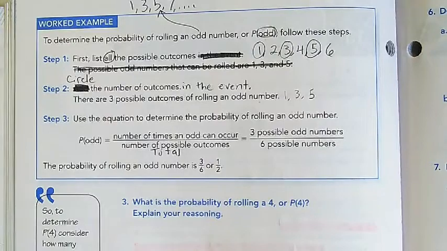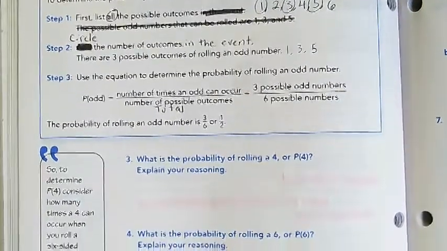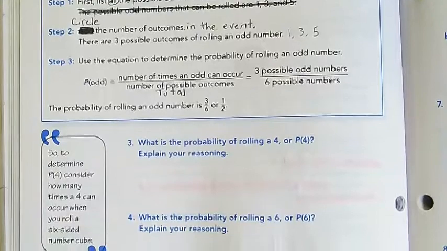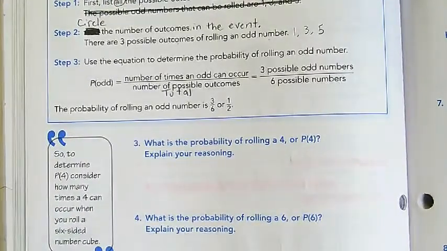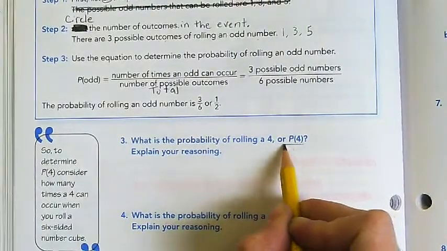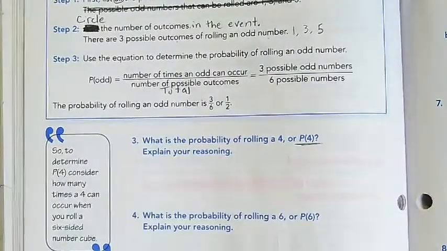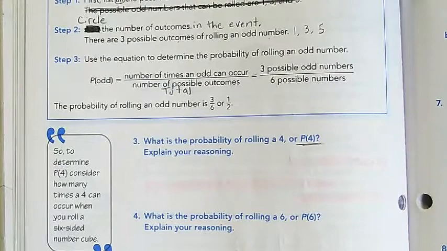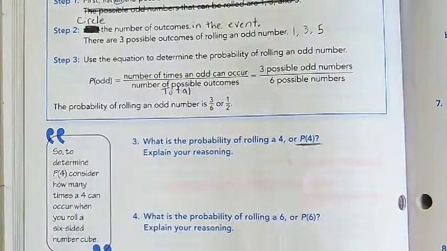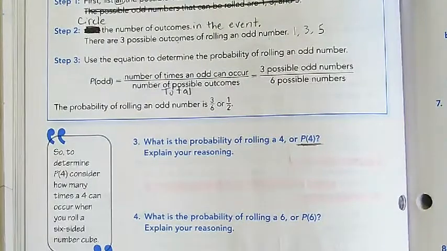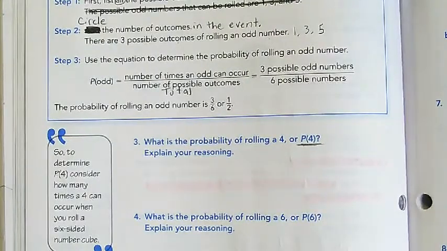So let's practice. Number 3. What is the probability of rolling a 4? That's how we would write it mathematically, the standard form-ish. Because we're just learning how to do this, I'm going to write out the steps.